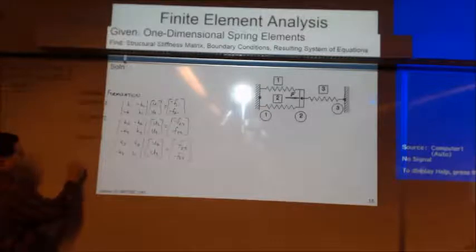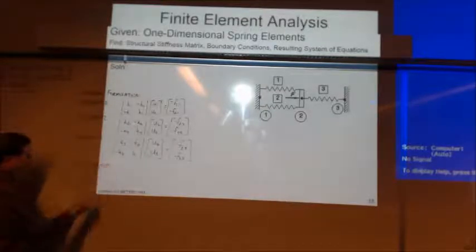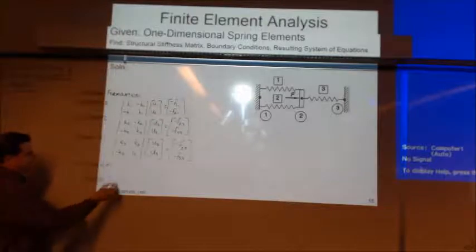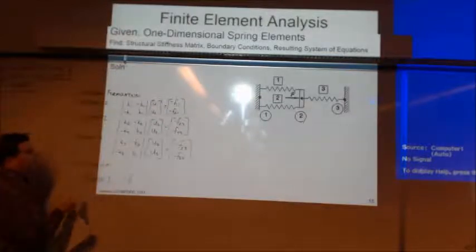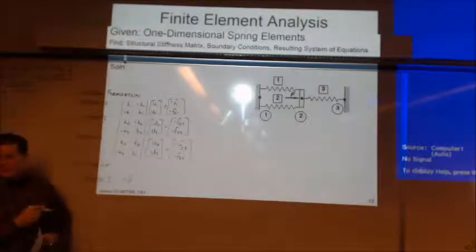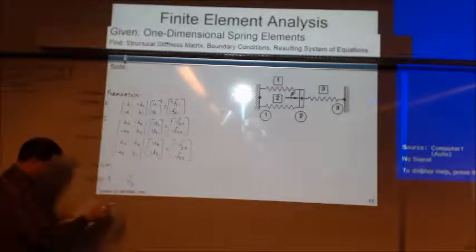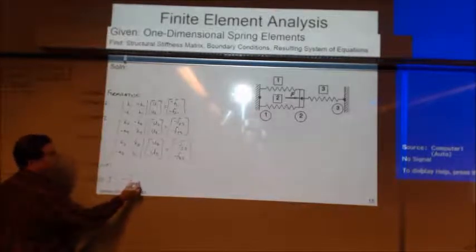So let's do equilibrium. All right, so at node 1, what do we got? Minus F1, 1, yep. And what else do we have at node 1?